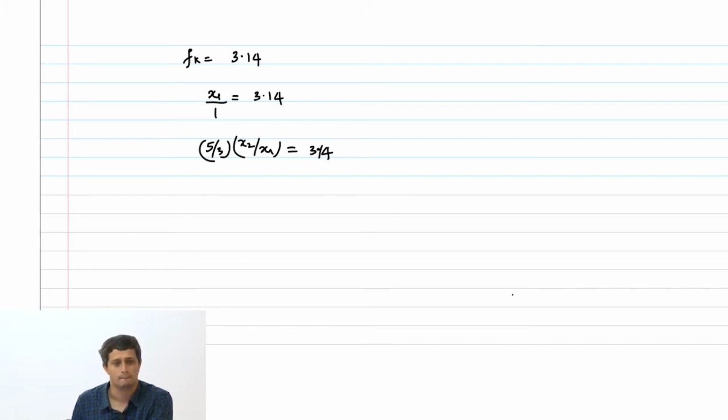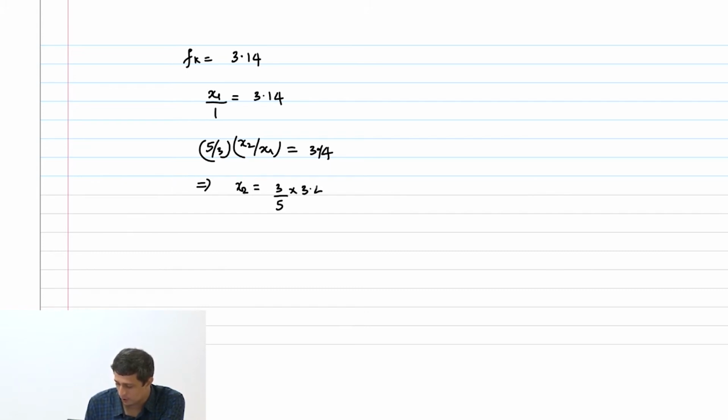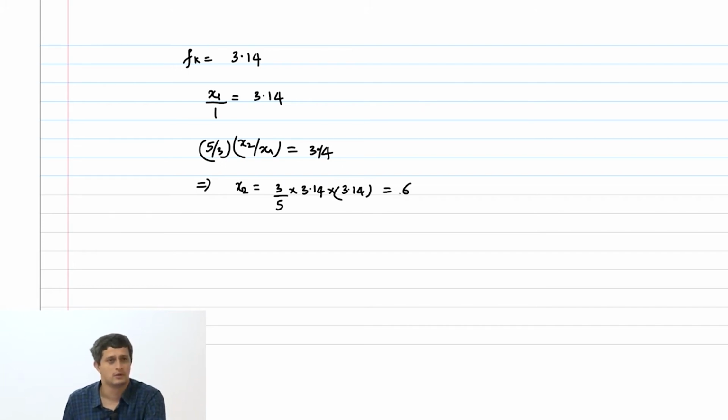Therefore, x2 is 3 by 5 times 3.14 into x1, which is nothing but 3.14 again. So pi squared is 10, you get approximately equal to 6. You will get this as 6.